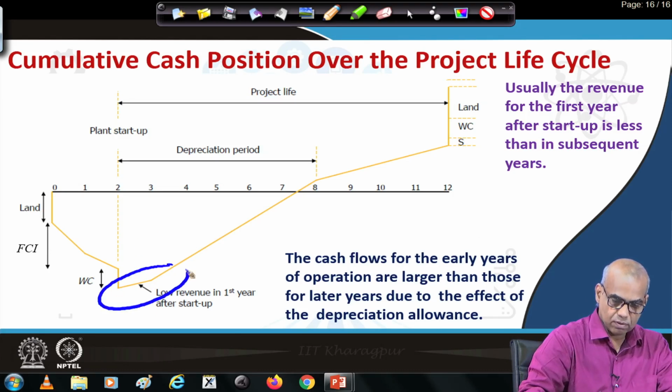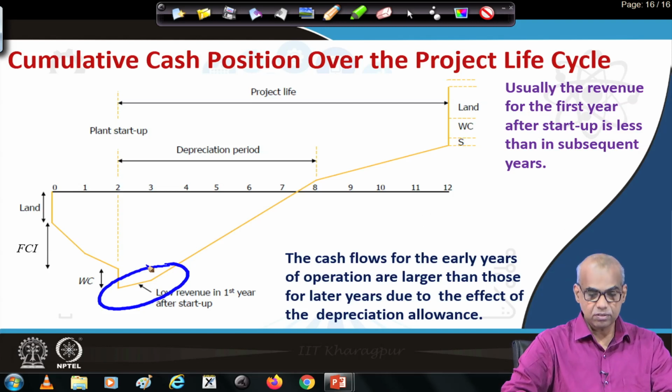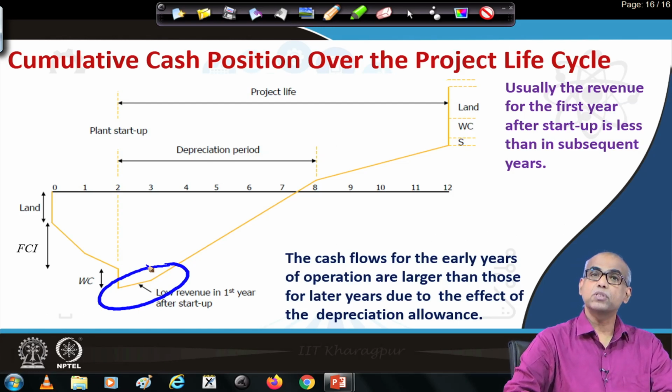So, do you see any difference? Usually the revenue for the first year after startup is less than in subsequent years. So, you see that there is a difference in the slope.